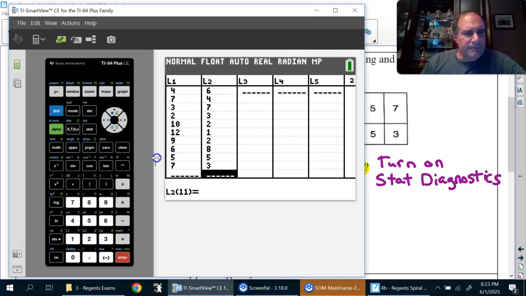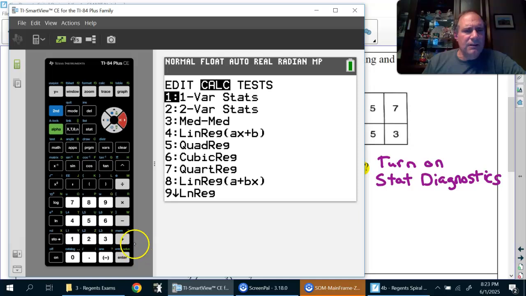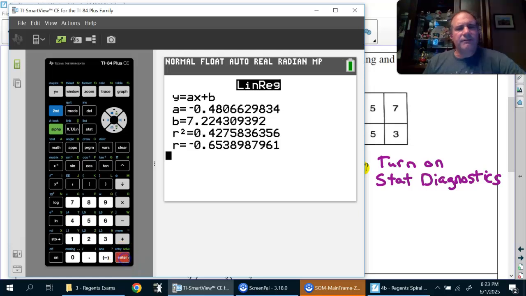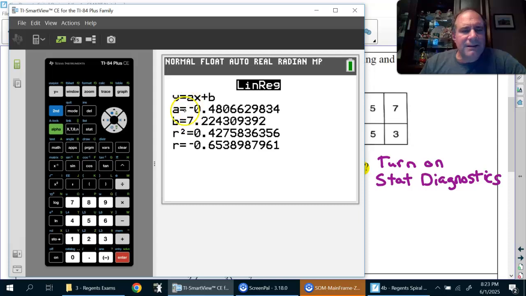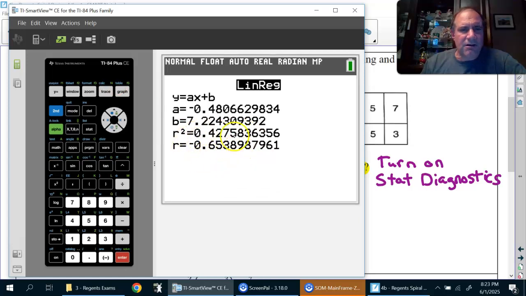Just remember, we're going to press stat, go over to calc, and down to 4 for the linear regression equation. It's going to give you the linear regression equation, but it'll also give you the R, which is the correlation coefficient. If they ever ask, the A is the slope, that is the rate. The B is the y-intercept.